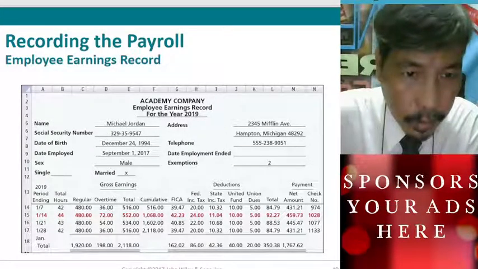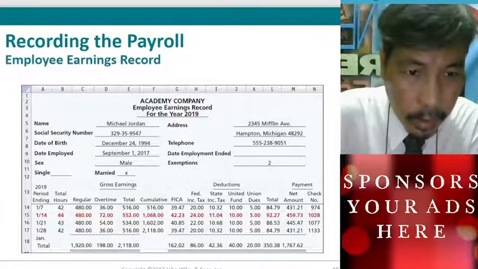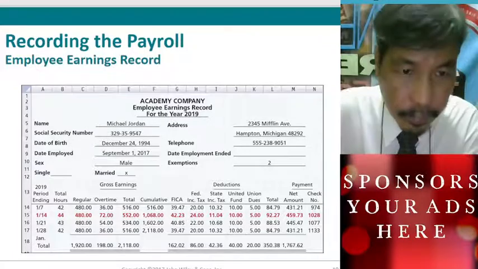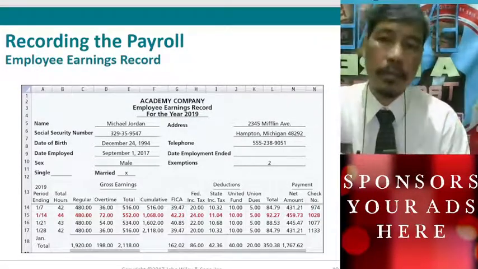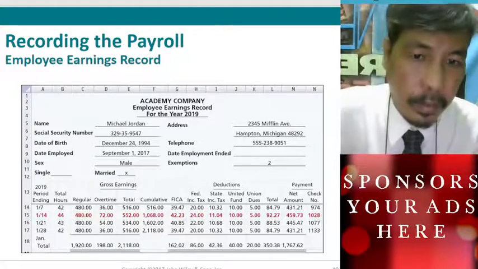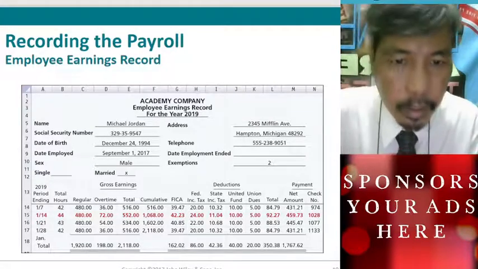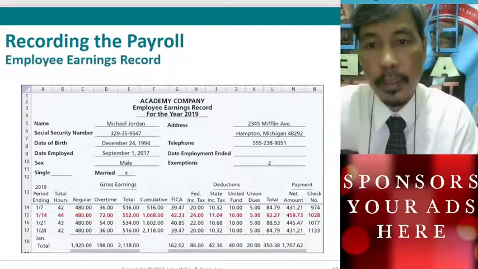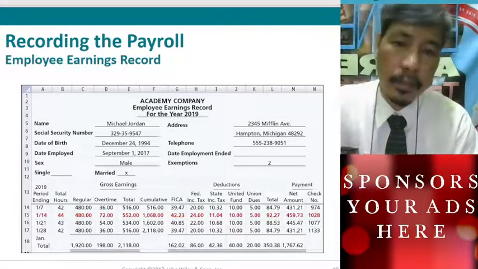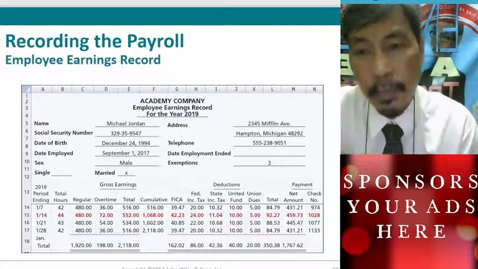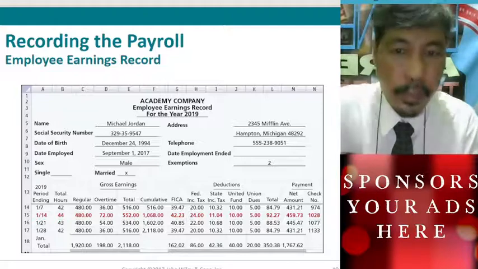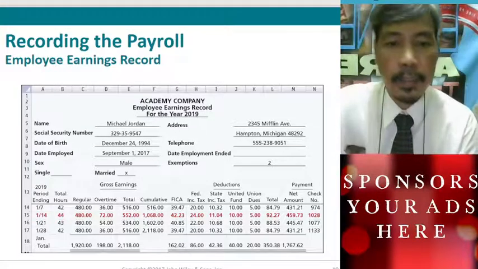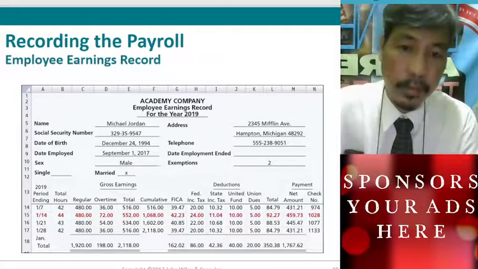So because of the total amount of deductions amounting to 350, for somebody who is receiving 2,118 basic pay, 2,118 is about 100,000 pesos.